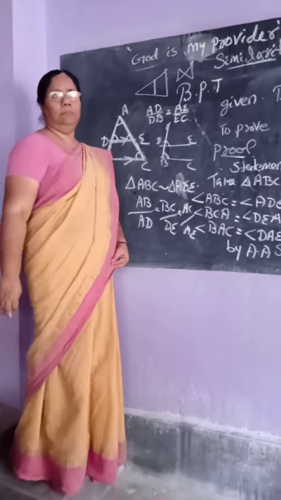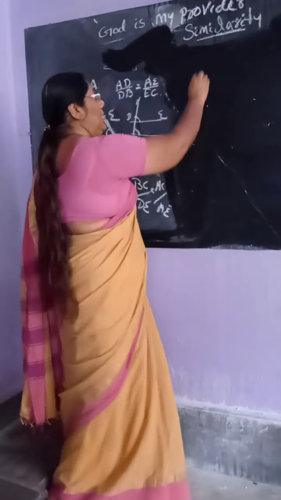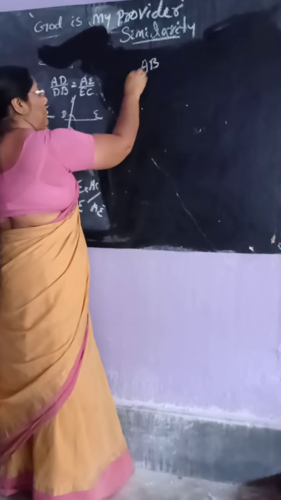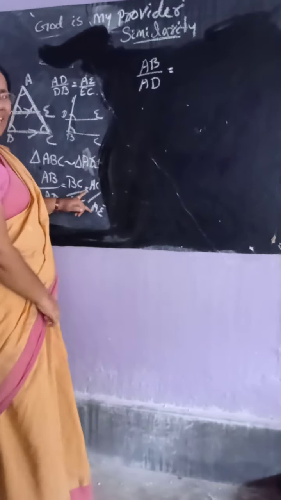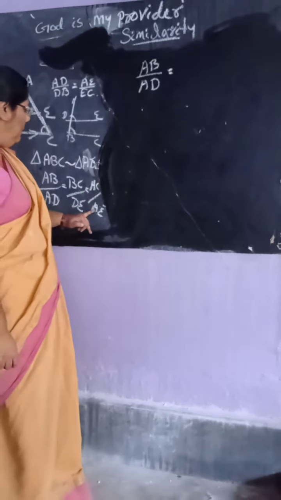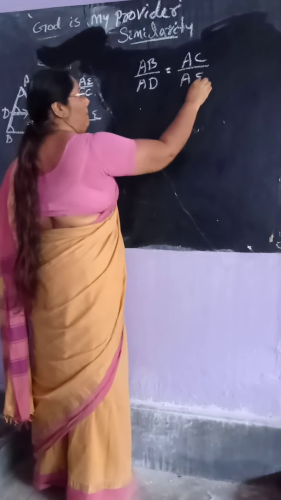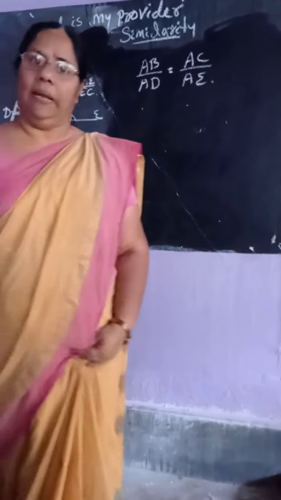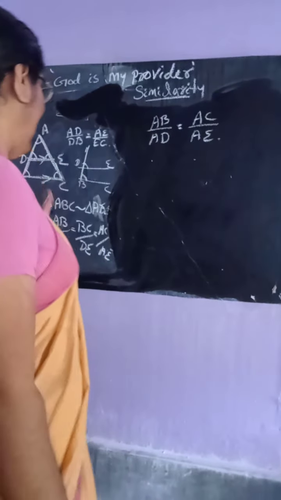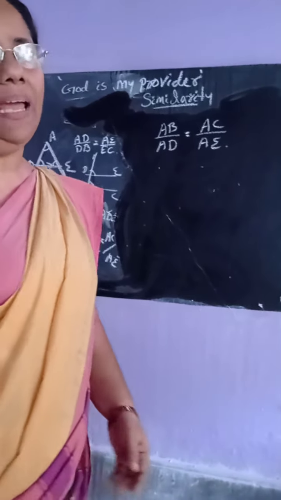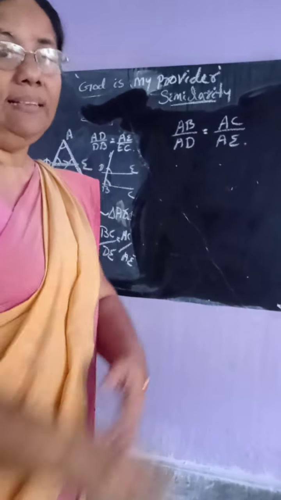Look here. The ratio is AB by AD is equal to, we need the last ratio, AC by AE. For proving this theorem, we take the first ratio and the last ratio. The second ratio, BC and DE, are parallels. We need here the first and the third.